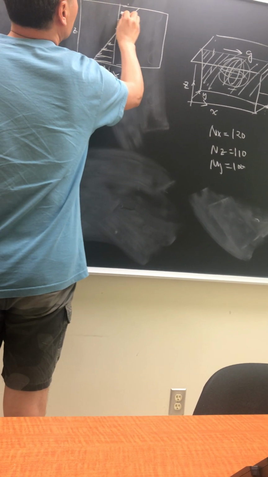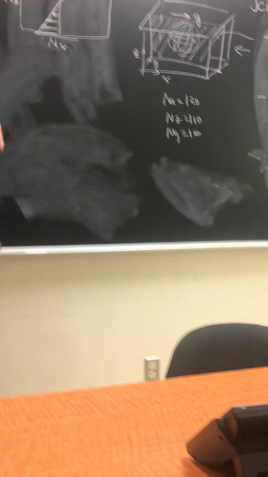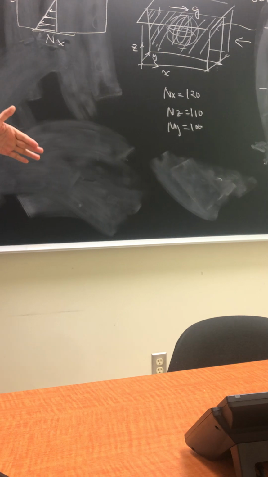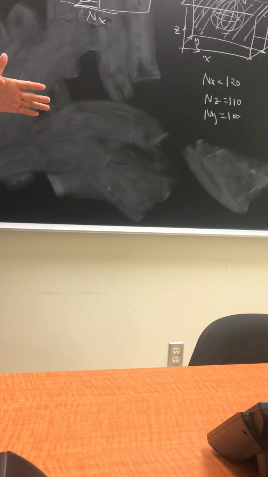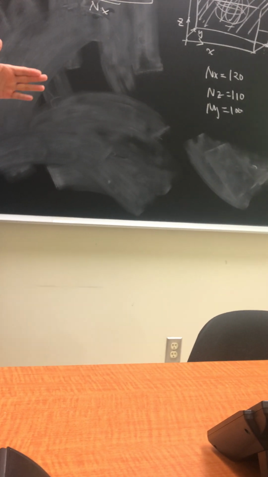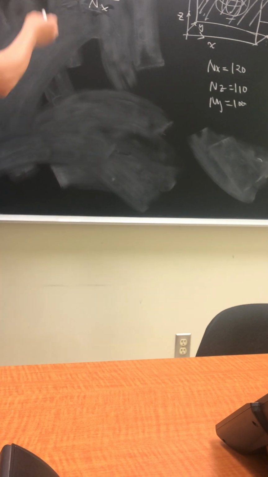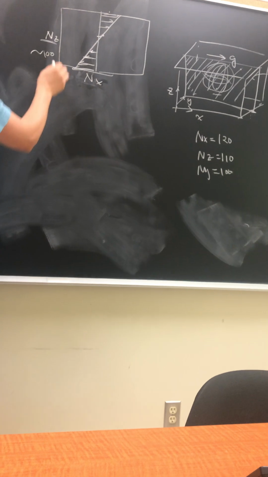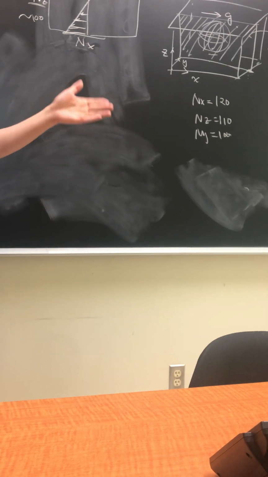Remember we mentioned that in lattice Boltzmann the velocity should be no more than 0.01, usually around 10 to the minus 3. And NZ we do not know exactly, but it is approximately 100. It could be 110 or 120, but roughly 100.